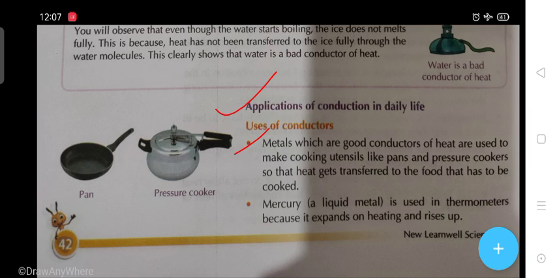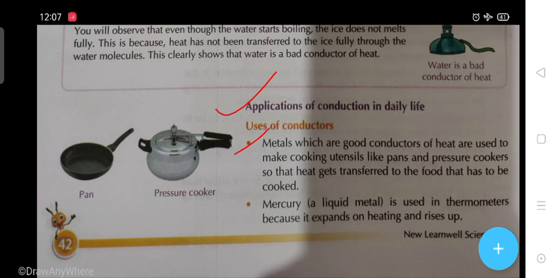Metals, which are good conductors of heat, are used to make cooking utensils like pans and pressure cookers, so that heat gets transferred to the food that has to be cooked.